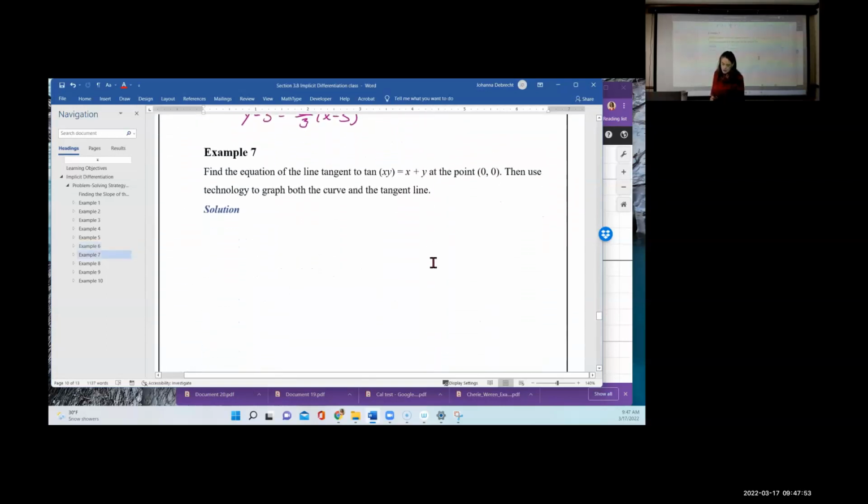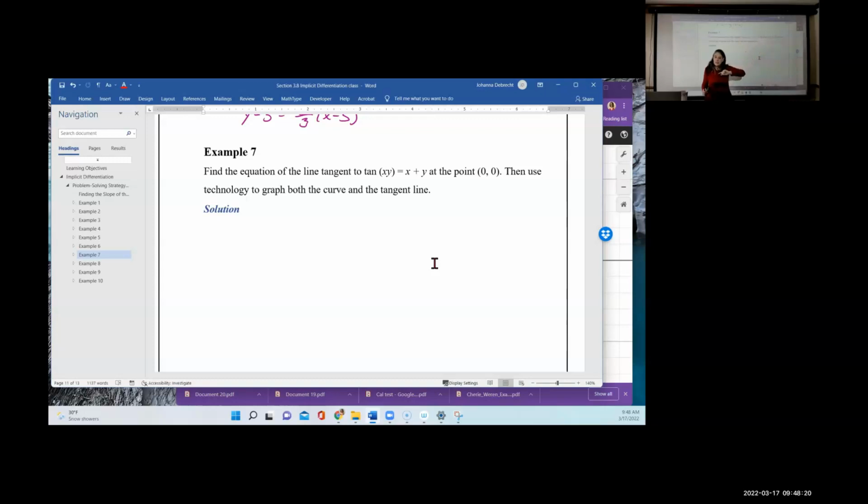Let's take a look at another one. This one is a little bit simpler than some of the ones we've done before. Some of the ones we did before, remember, Desmos just couldn't handle it. It couldn't graph it. It was too complicated. This one probably it can handle. Tangent of xy equals x plus y, but it is always going to be implicit because the y is buried inside the trig function and outside the trig function.